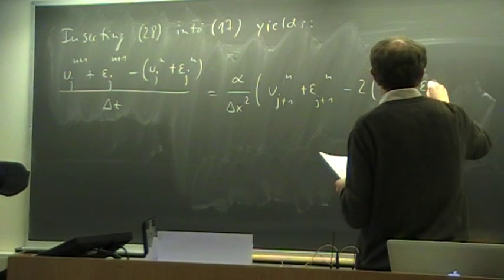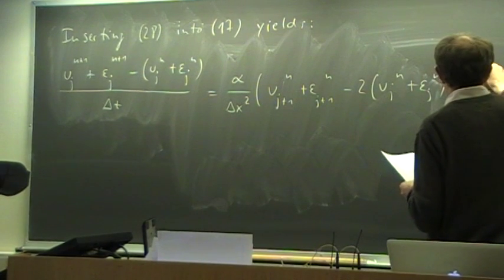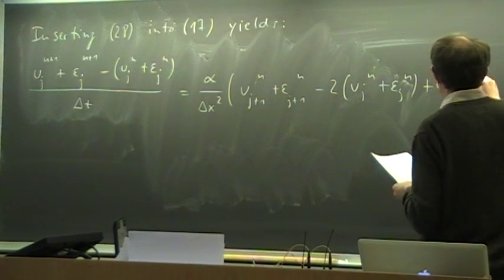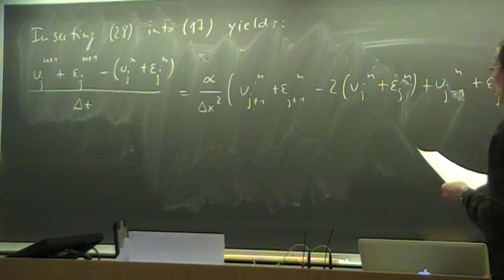Ujn plus epsilon jn plus uj minus 1n plus epsilon j minus 1n.